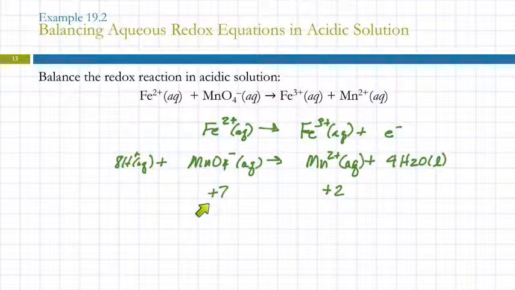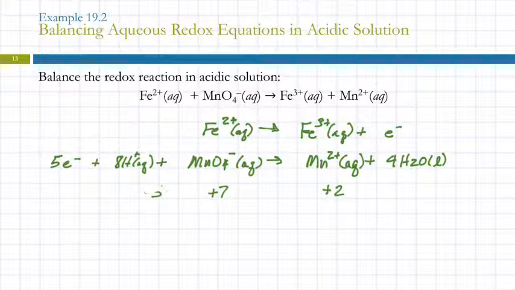So if I added 5 electrons to this side, I could bring that down. So now we've got negative 5 and positive 7. We get the same charge on each side. We should be adding electrons on the product side for one and on the reactant side for the other, because one's oxidation and one's reduction.